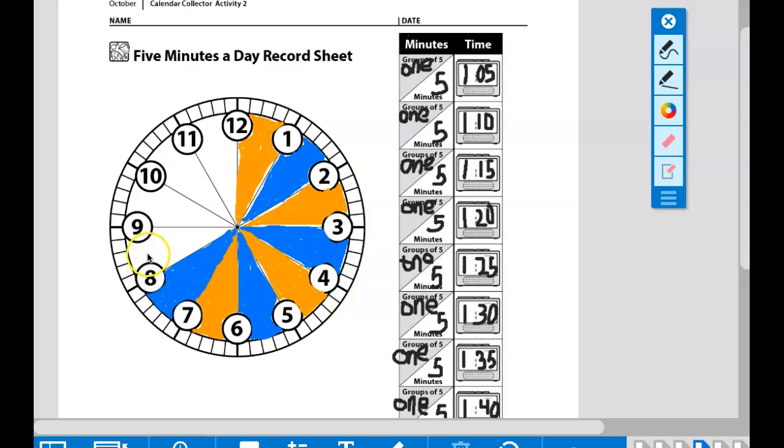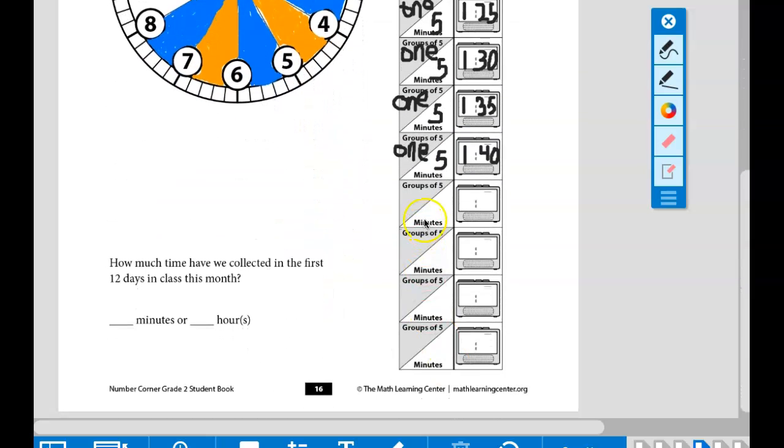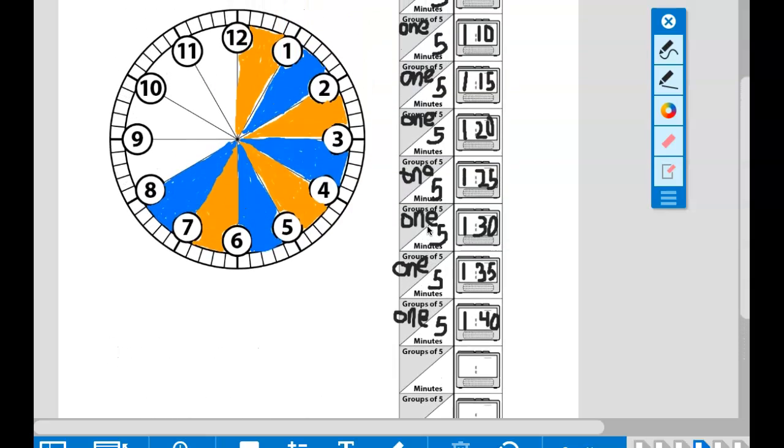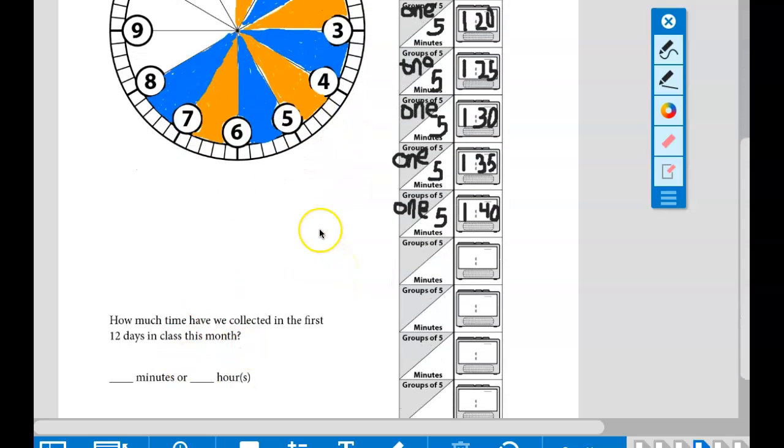Now we'll need to fill in the rest of our clock. And you'll need to make sure that you fill in all of your groups of 5 and your digital clocks. I'm going to fill those in for us. You can pause the video and fill in on your own, and then we'll continue and answer this last question.